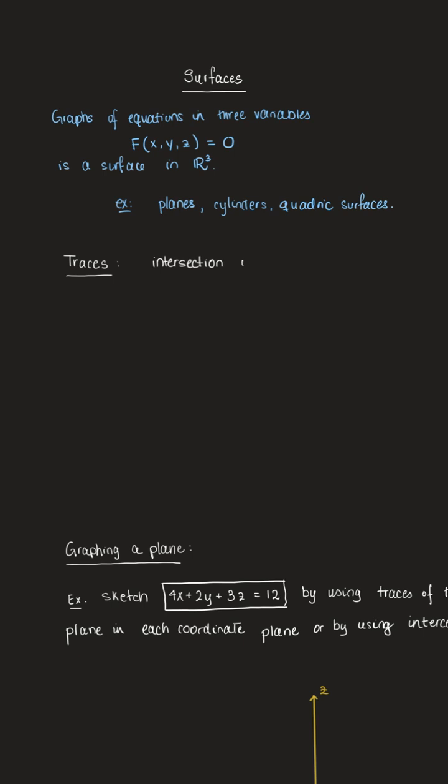So the intersection of the surface, let me note this, with the coordinate planes, or sometimes it's useful to intersect the surface with planes parallel to a coordinate plane. We'll see what we mean when we look at examples.